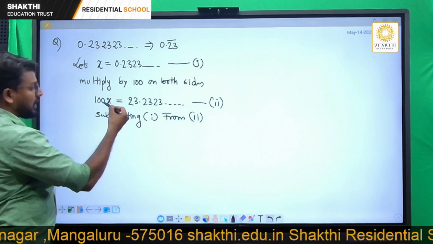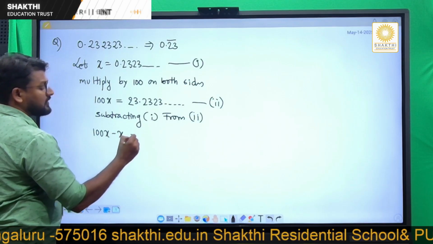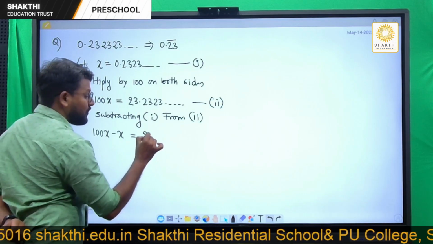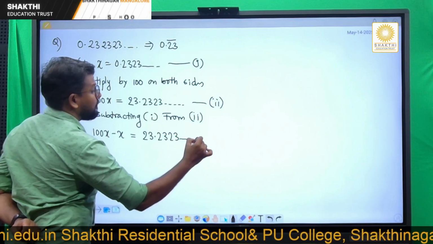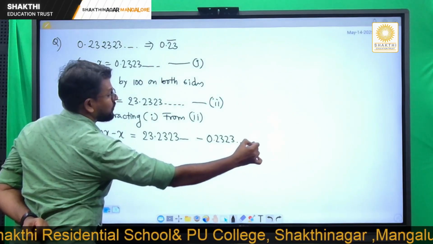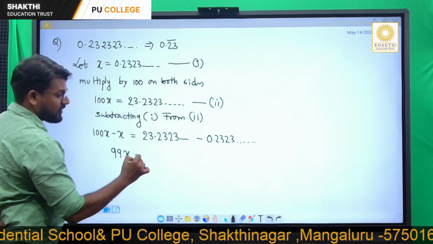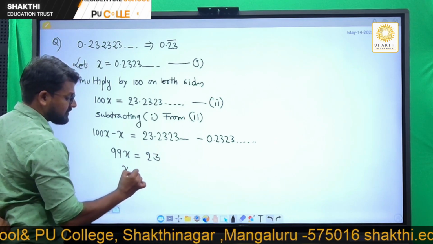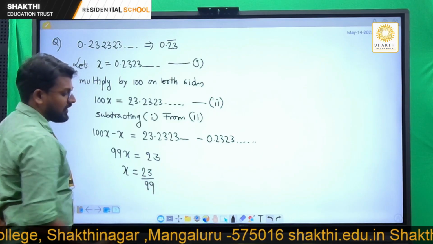So 100x minus x is the left hand side subtraction of both the equations, and on the right side, 23.2323 and so on minus 0.2323 and so on. So this is basically 99x is equal to just 23, and x is equal to 23 by 99.